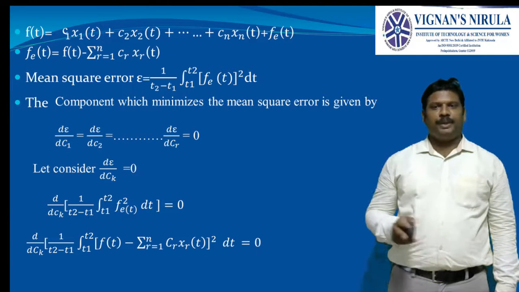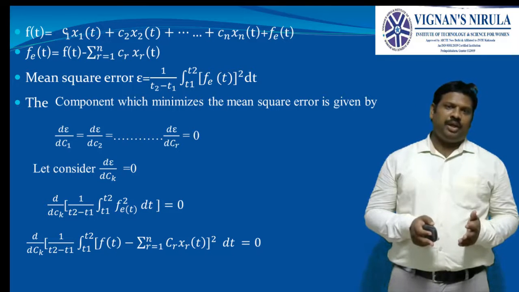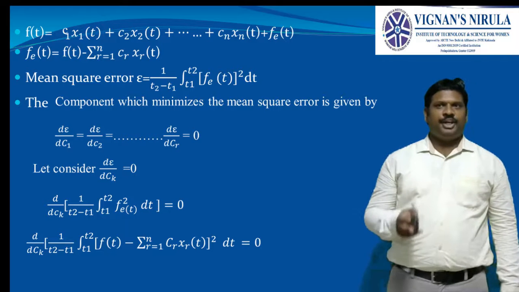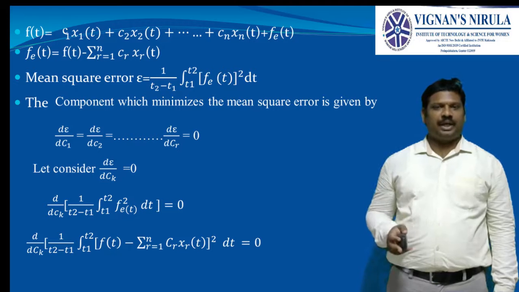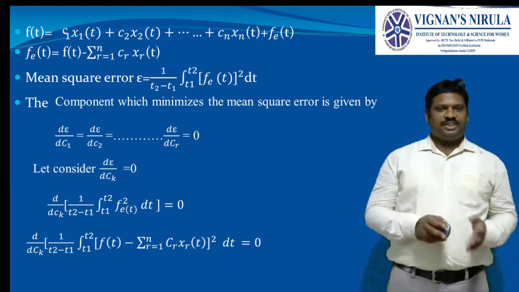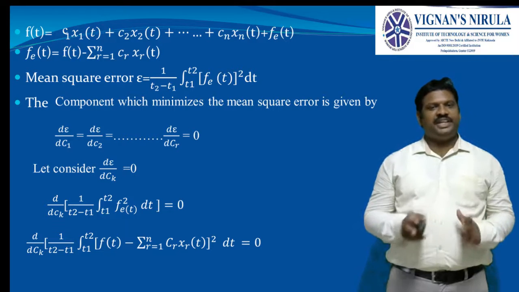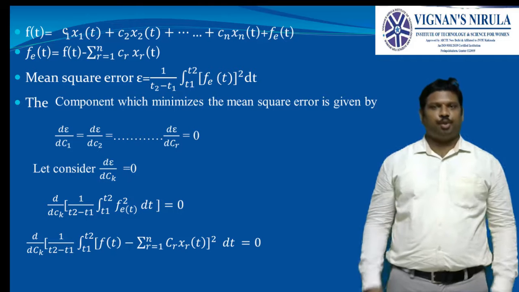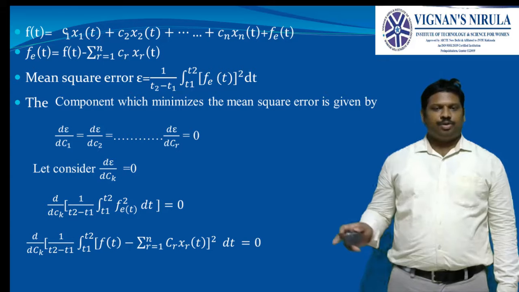The components which minimize the mean square error are given here; the components can be 1 to n values, that is dE by dc1 equal to dE by dc2 equal to and so on dE by dcr, which is equal to 0. This dE by dck will be equal to 0. dE by dck of E, which is our mean square error, is 1 by t2 minus t1 integral of t1 to t2 fe square of t dt, which is equal to 0.